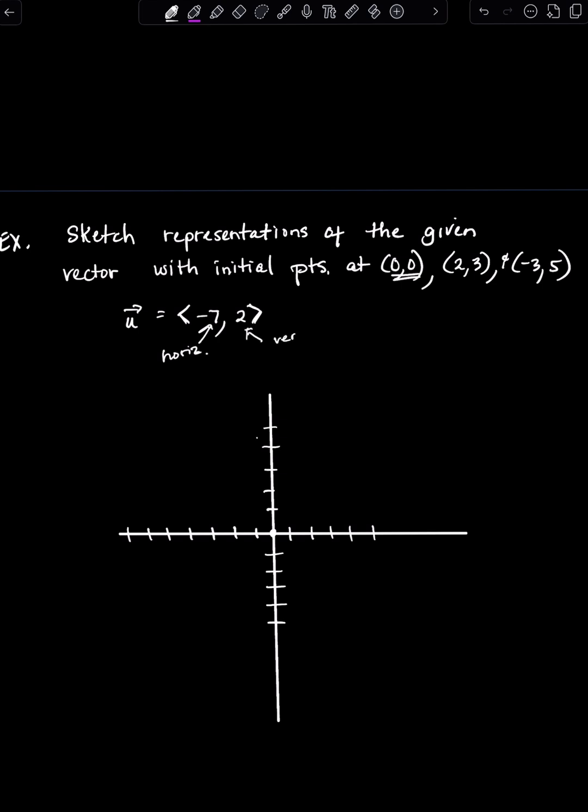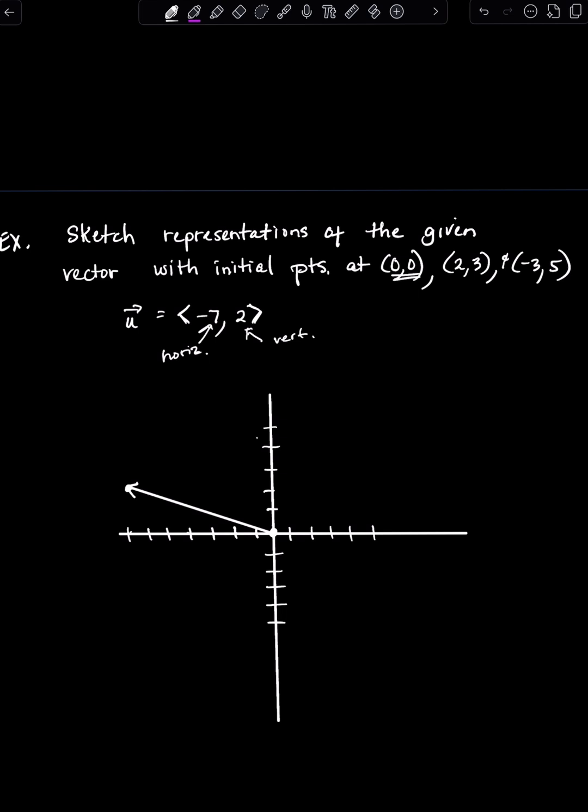Starting my initial point at 0, 0, I'm going to the left 7, 1, 2, 3, 4, 5, 6, 7, and up 2. So my vector starts at 0, 0, with a horizontal component of negative 7 and a vertical component of 2.